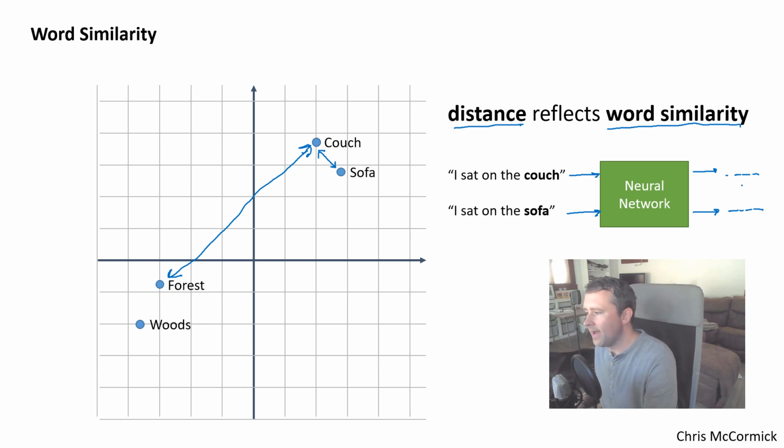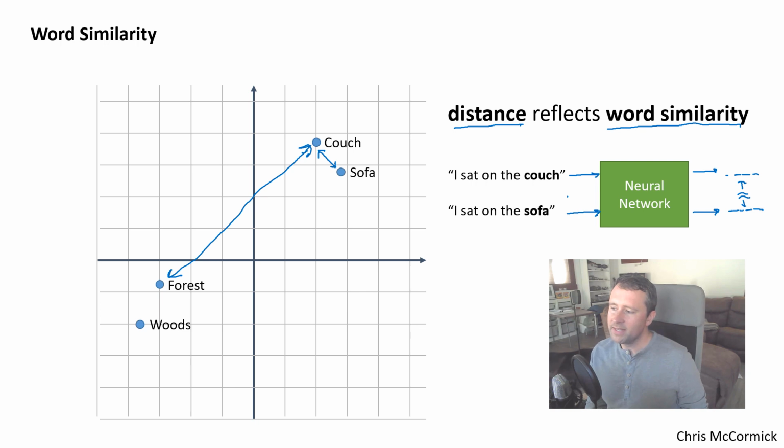We could expect that these 2 outputs would be pretty close to one another. And the reason for that is that the word embeddings for couch and sofa are really close together, and so they're very similar. So the neural network is going to produce very similar values between these two sentences.